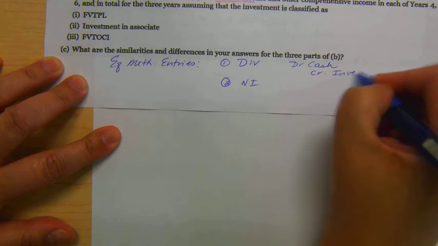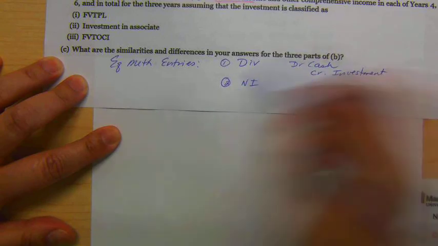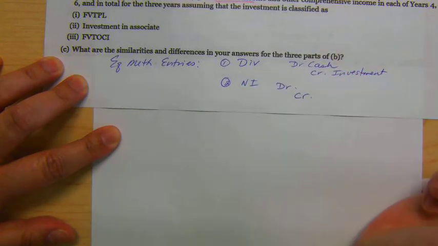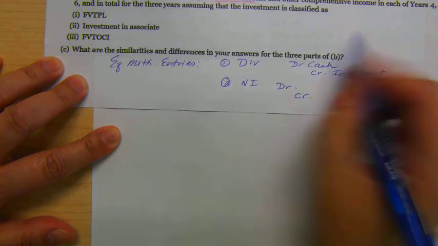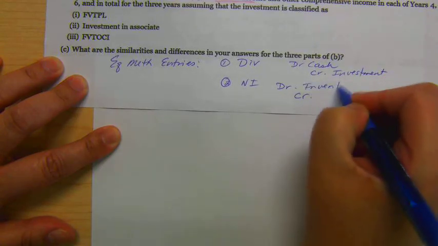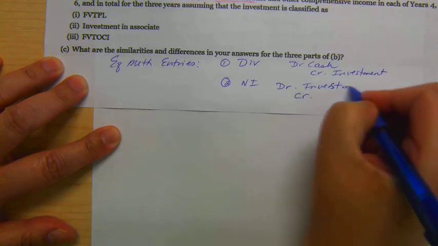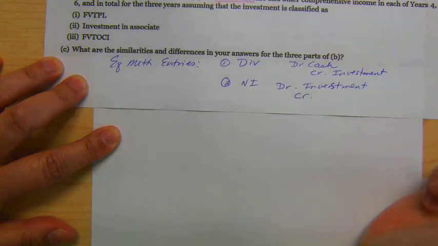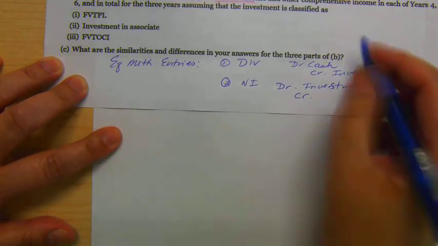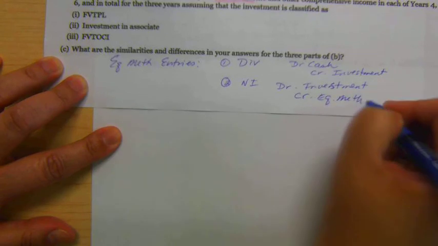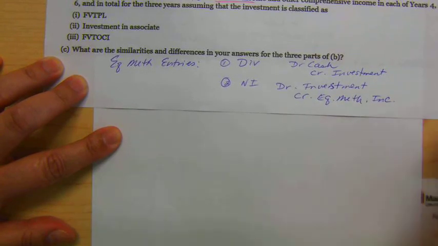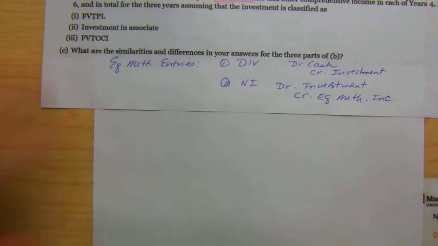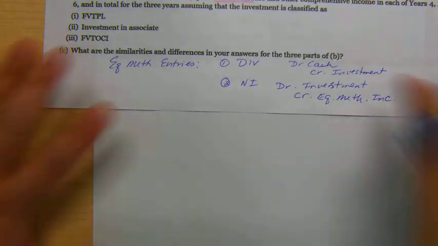Investment. Good. And net income, we debit investment. And credit some kind of income account. Equity method income. And that stays consistent through this whole text, but wherever you work or whoever you're auditing, it's going to be called something different. Okay, so keep those in mind.